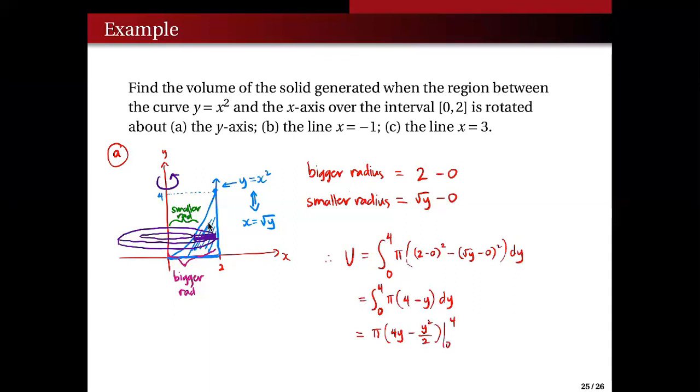So this is equal to pi times 4y, that's 16, minus y squared over 2, that's 16 over 2, which is 8. So this is equal to 8 pi. So this is the volume of the solid generated when this region here is revolved about the y-axis.